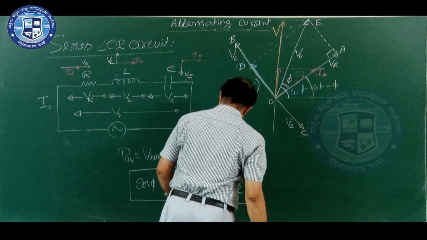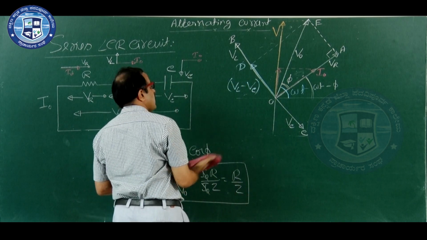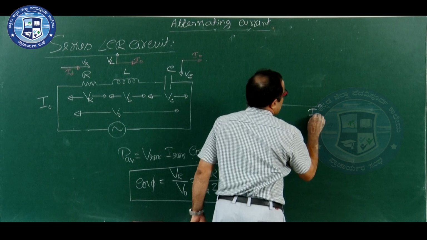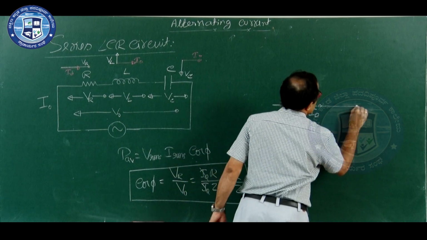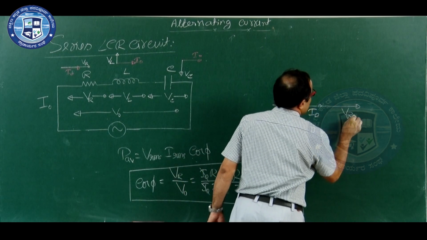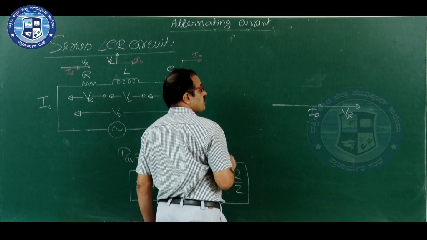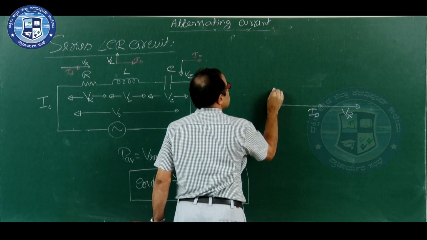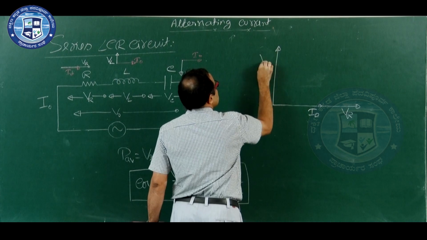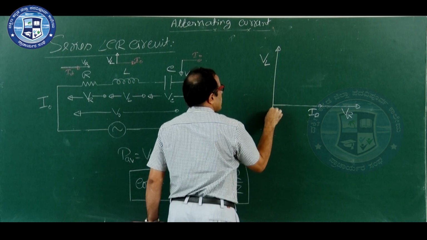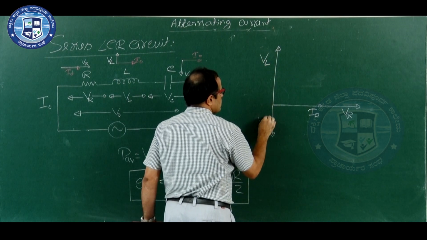Then we get a very simple phasor diagram. This is I naught, it is the voltage across the resistor, peak voltage. This is VL and VC is less.